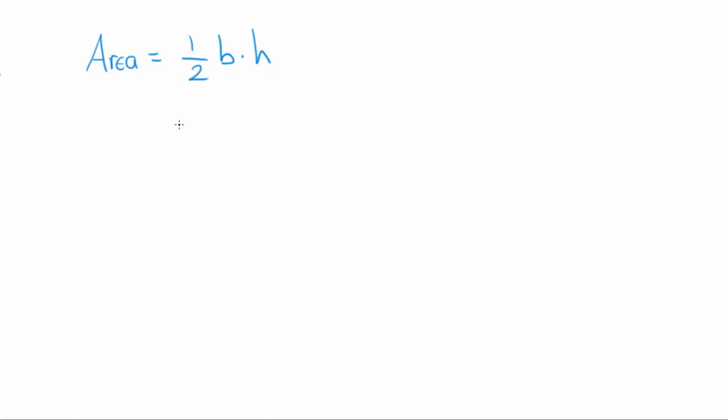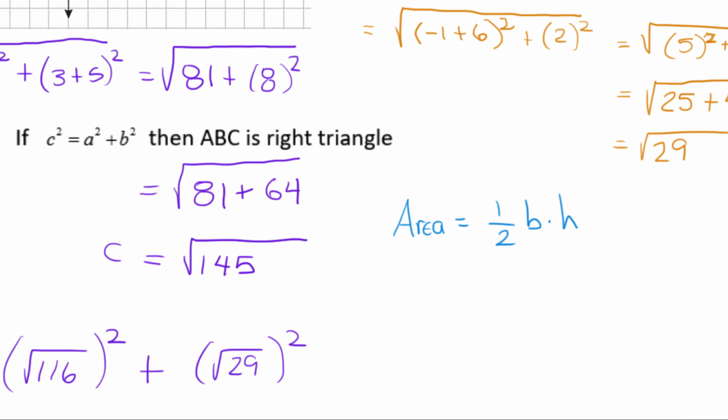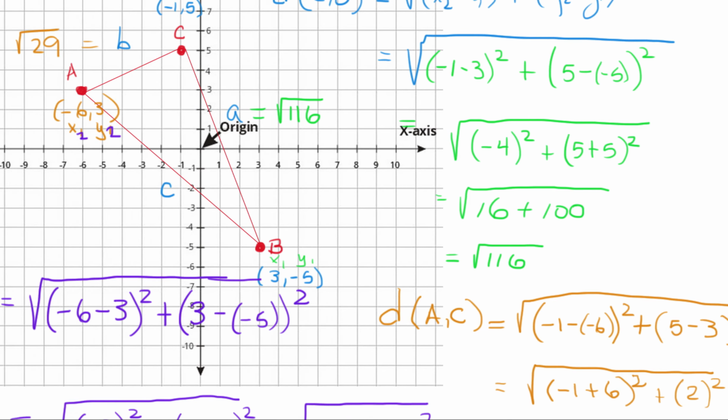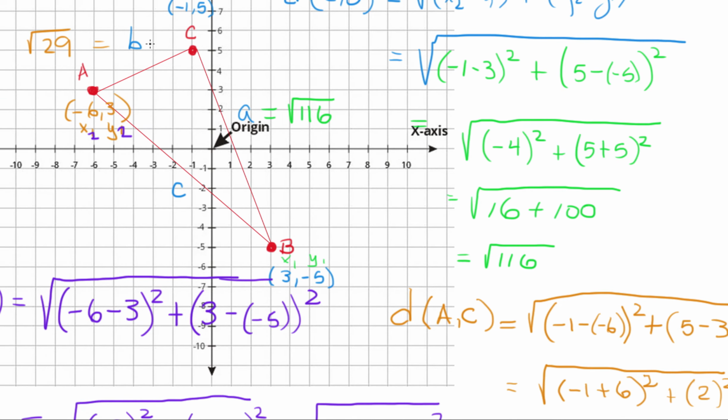Okay, so we need to identify who's the base and who's the height of this triangle. Well, the base is either A or B, and the height is either A or B. You determine which one you want for the base and which one you want for the height.